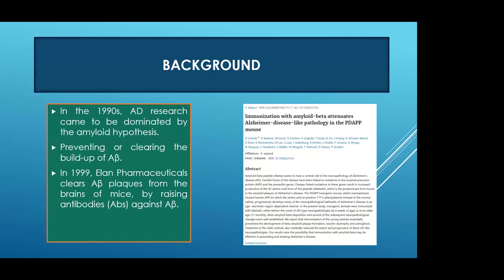Around 1999, some researchers at Elan Pharmaceuticals in San Francisco, California became the first to clear beta amyloid plaques from the brains of mice by raising antibodies against amyloid beta.